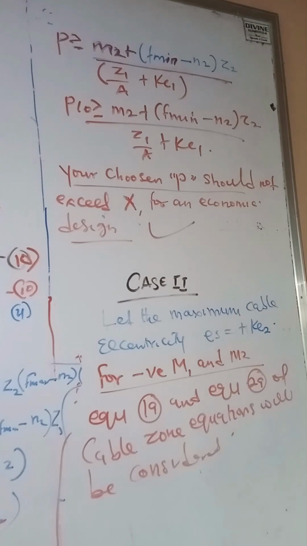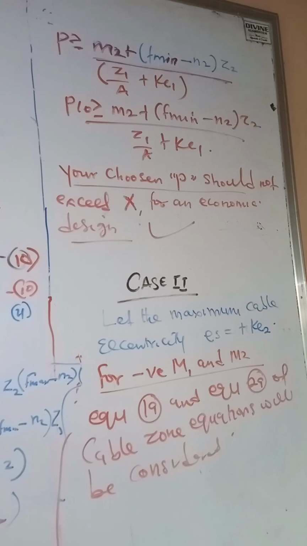The cable zone equations, equation 1A and equation 2A, will be considered. In a similar fashion to equations 3A and 4A, we obtain the stationary point of this inequality, call it y or x.